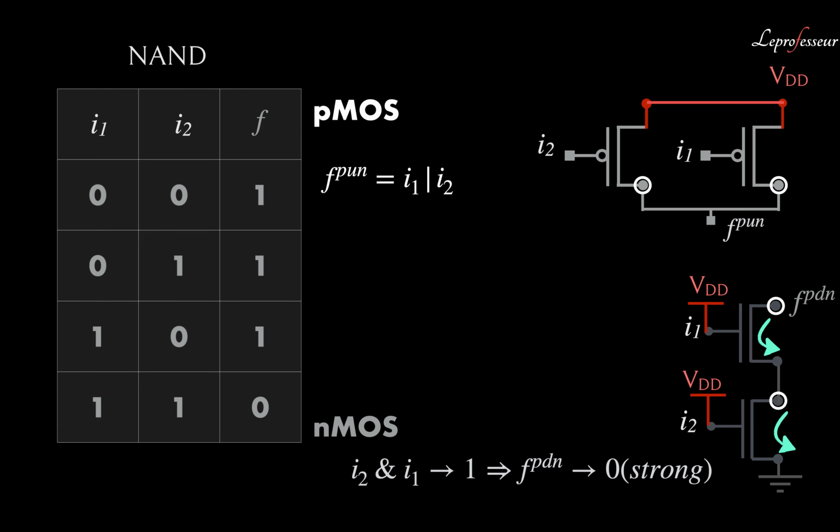All right. So this we can call the AND logic. Remember, NMOS we connect in series and it produces an AND logic.